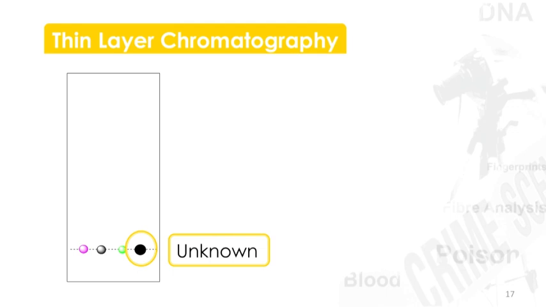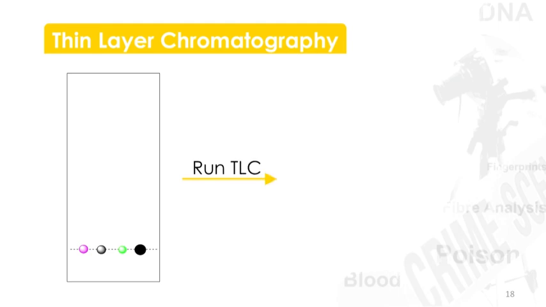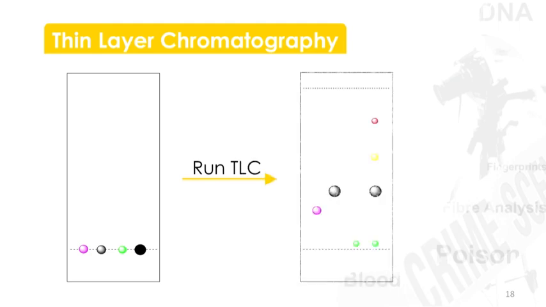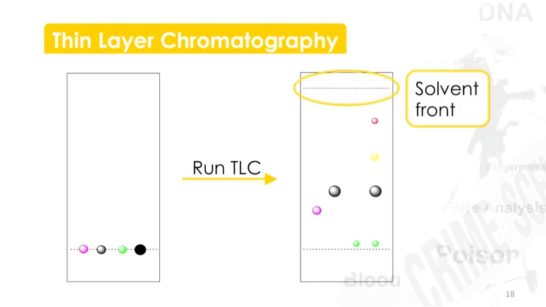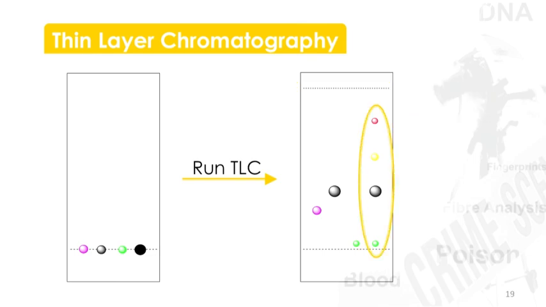So suppose when we take this TLC plate and we run it, and maybe we get a result like the one on the right, where the solvent has flowed up to the position marked solvent front. And we can see the three standard compounds have moved, and our unknown mixture has now separated into 4 different spots. So there's presumably, probably, 4 components in our unknown mixture.